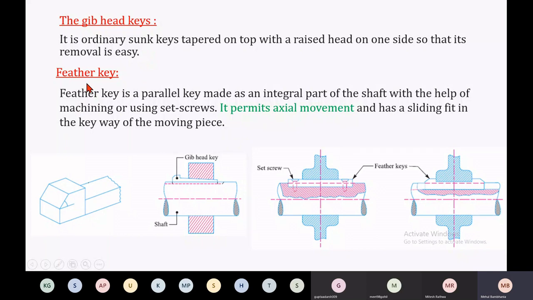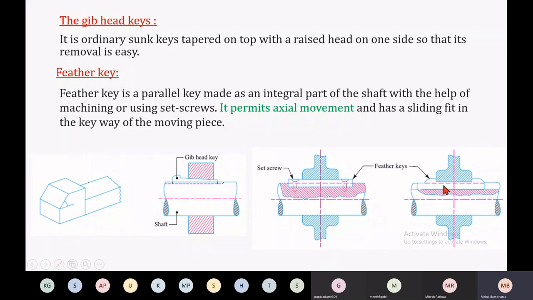Now next is the feather key. Generally, this feather key is a special one. Particularly, it is an integral part of the shaft. See, this is the shaft. Within that shaft, the feather key is fixed, and that fixation can be done by means of a screw or certain extension elements on both sides. On both sides, these elements restrict it from coming out of the slot during operation.